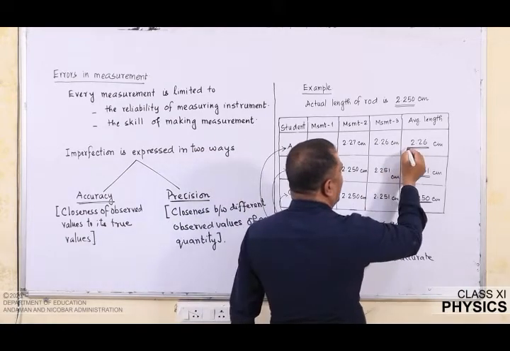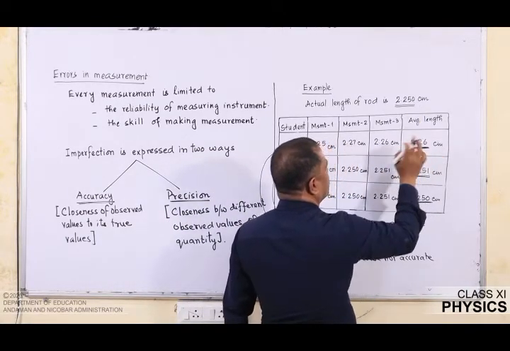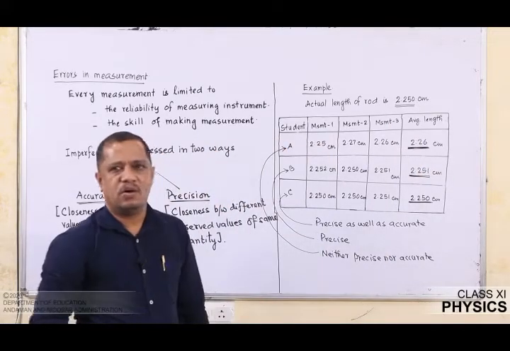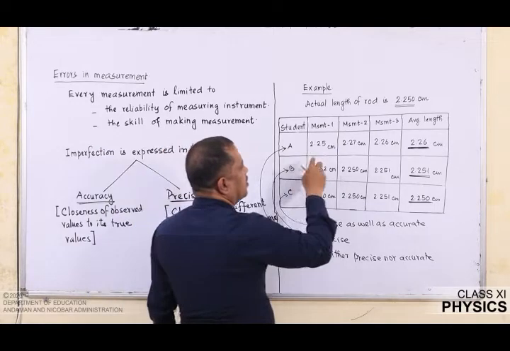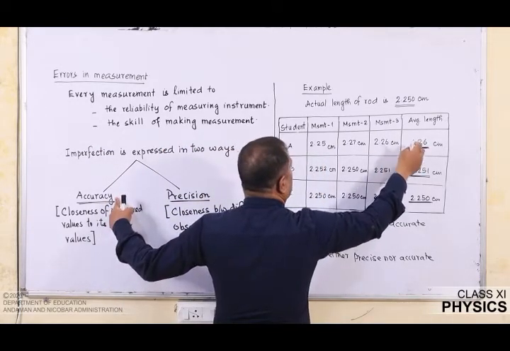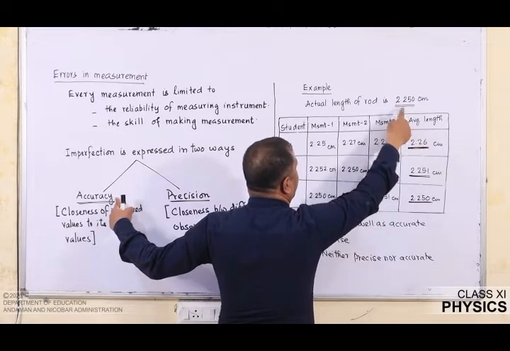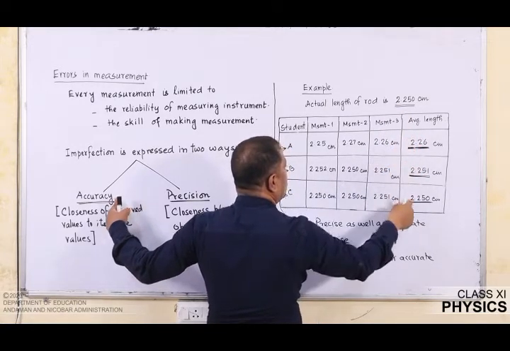The value he calculated is 2.26, and if I compare, this value is not closer, and therefore we say this value is not accurate, because the calculated value and the actual value are not close by when we compare to the other values.